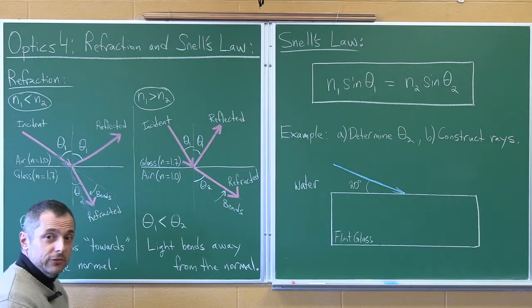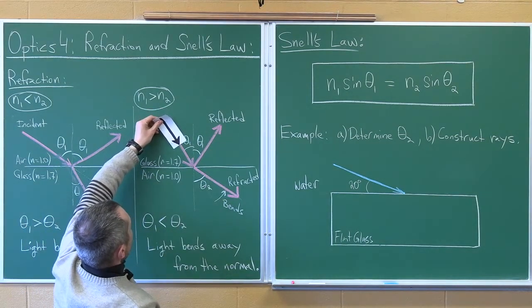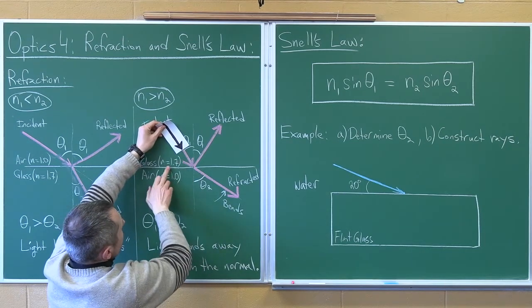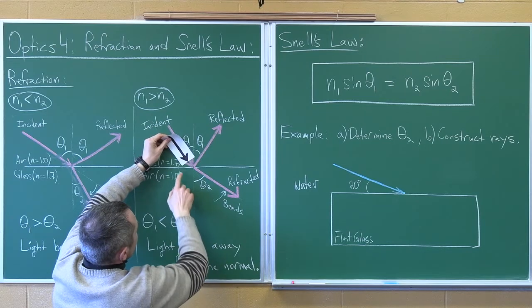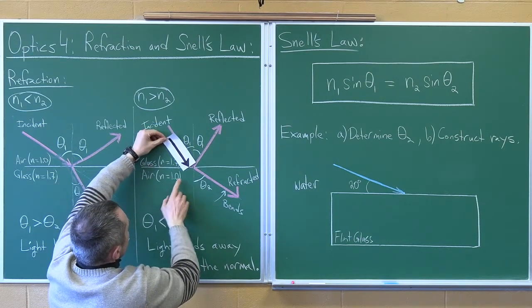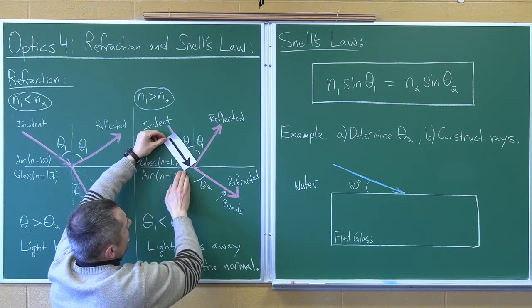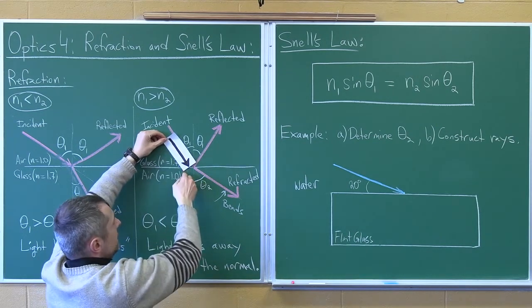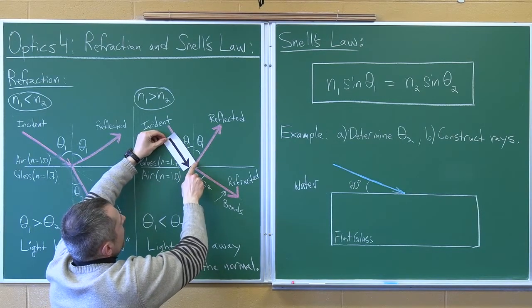The opposite effect happens over here. This wave front comes down, and it's going in the glass, which has a high index, so it's going relatively slow. Then what happens is this lead edge gets into the air first. So this lead edge, the bottom part, or the left side, whatever you want to call it, or from the light's perspective, maybe the right side, speeds up while this part's still slow.